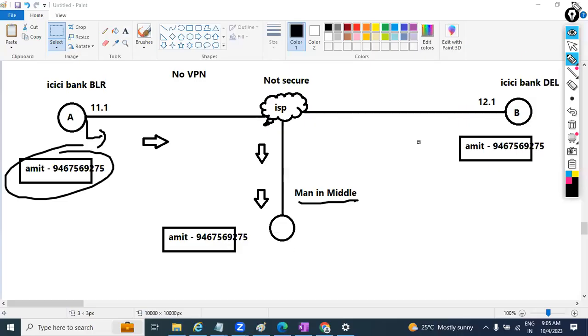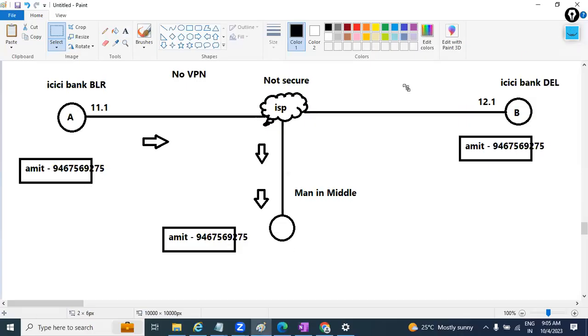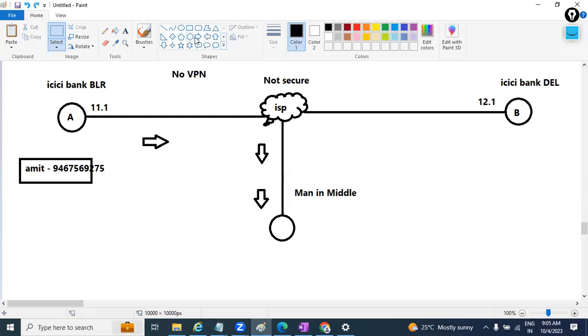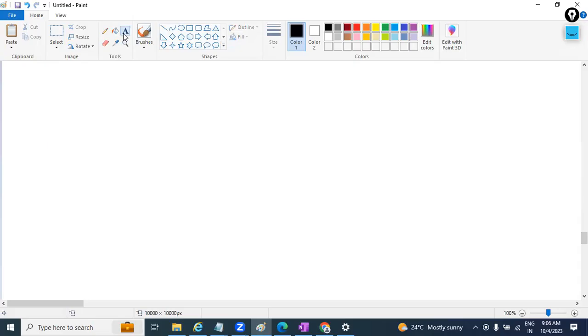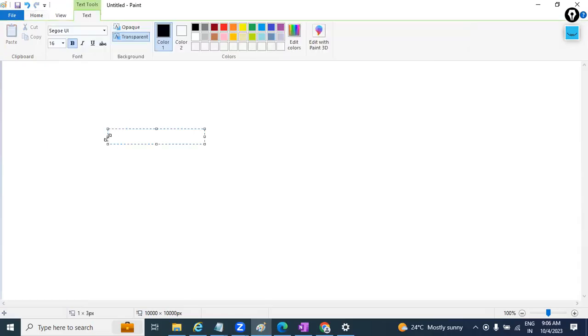Not secure. So the first concept I'll use here is encryption, an encryption method or encryption algorithms. As per that, first I'll change the format of my data. For that, I have different algorithms, like DES, 3DES, and we have AES.